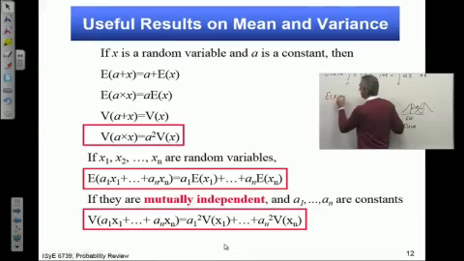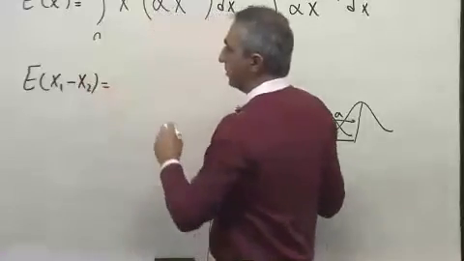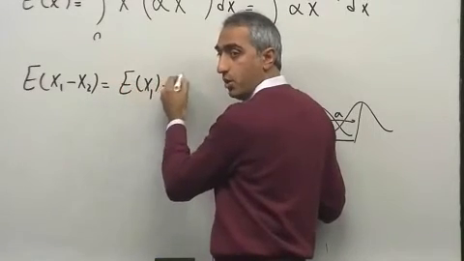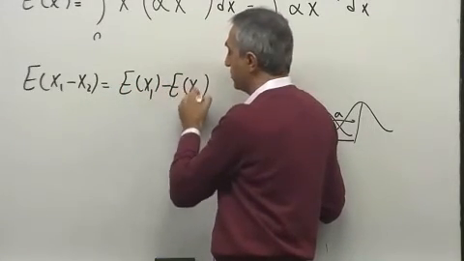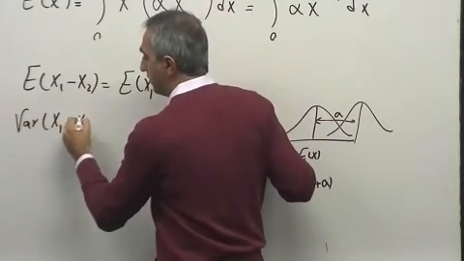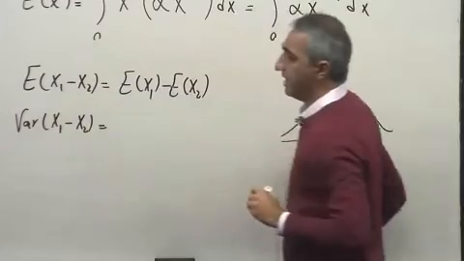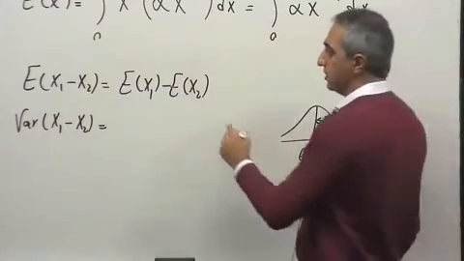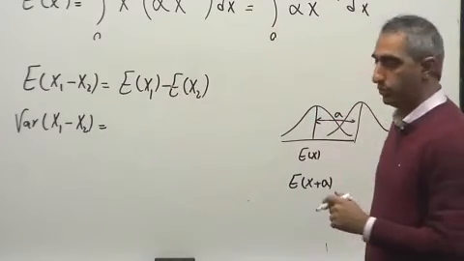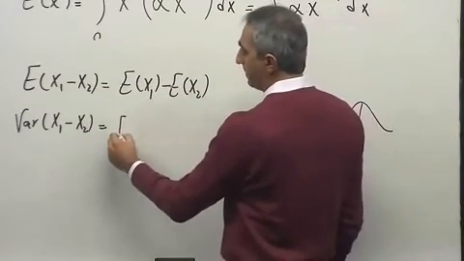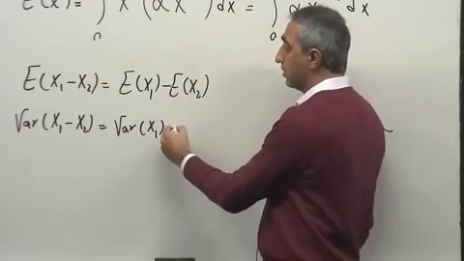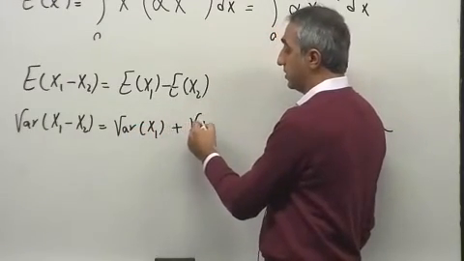If I have this guy, what is it? It's the expected value of x1 minus the expected value of x2. If I want to calculate the variance of x1 minus x2, and x1 and x2 are independent, what is it? It would be the variance of x1, plus the variance of x2.